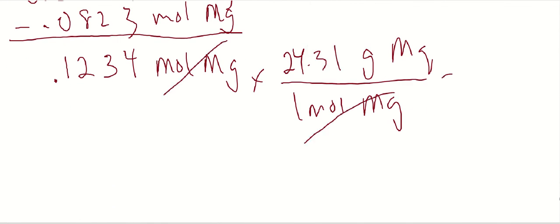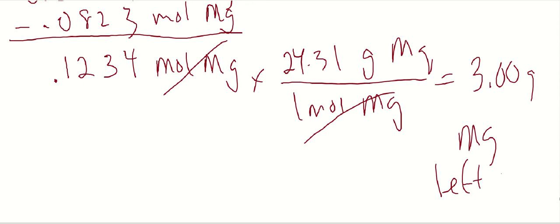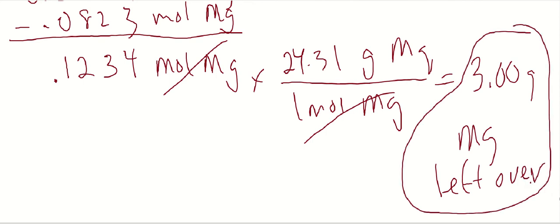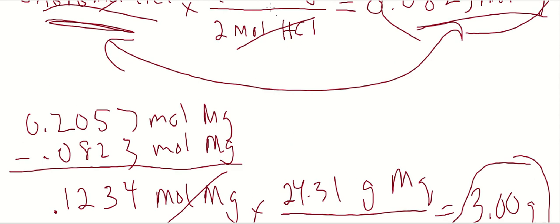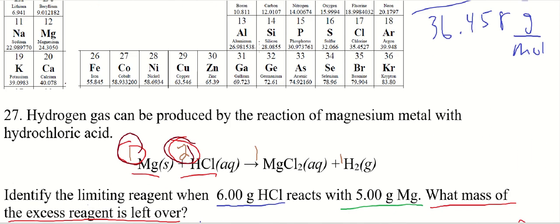Cancel, cancel. 0.1234 times 24.31, 3 grams left over. 3.00 grams of magnesium left over. Wasteful. Didn't even use half of it. Bad stoichiometry chemist.